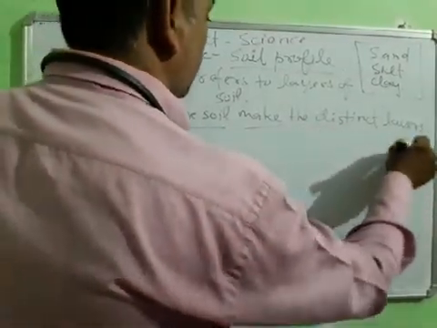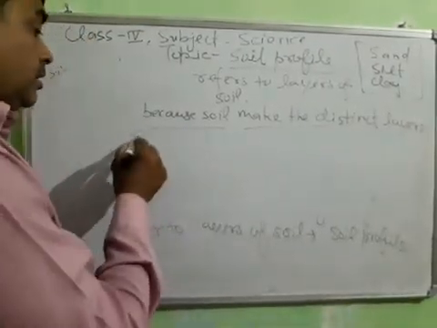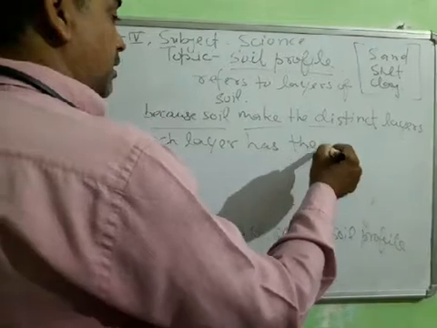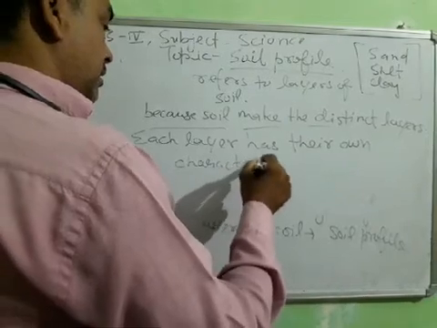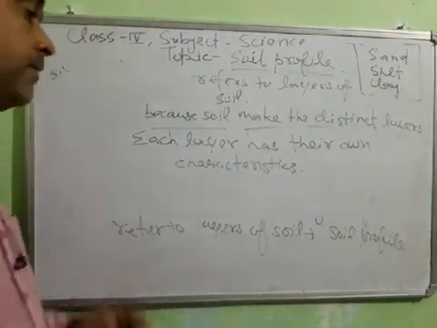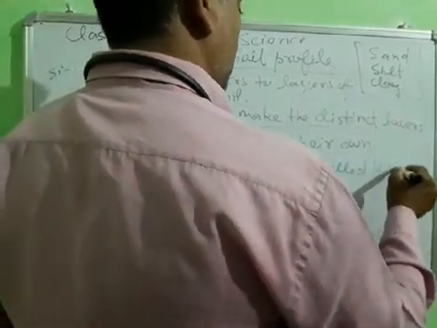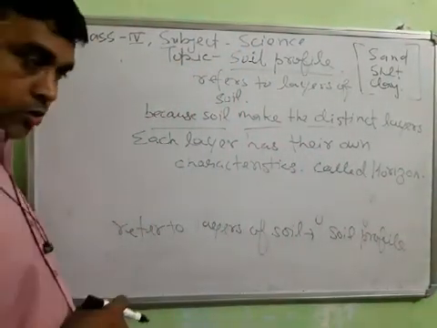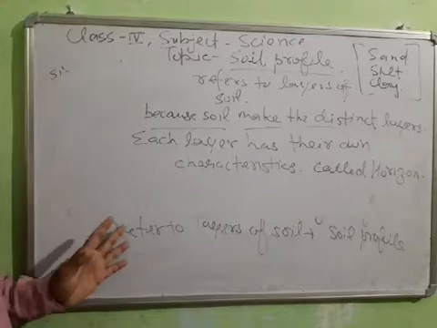Generally, there are three types of horizon, or layers of soil.